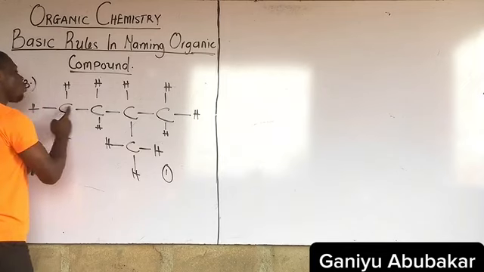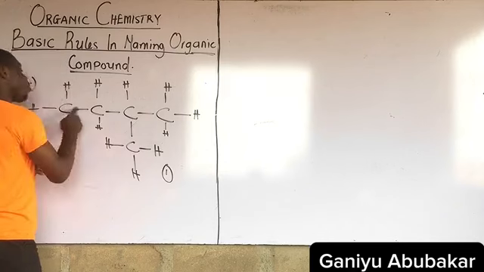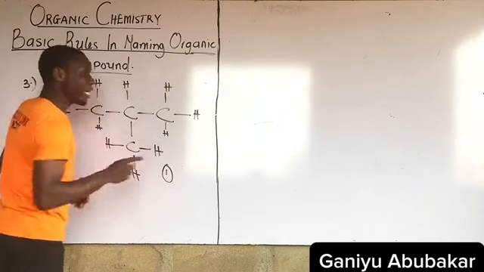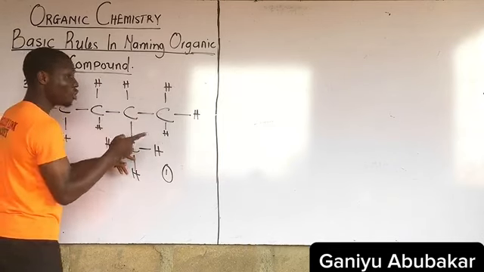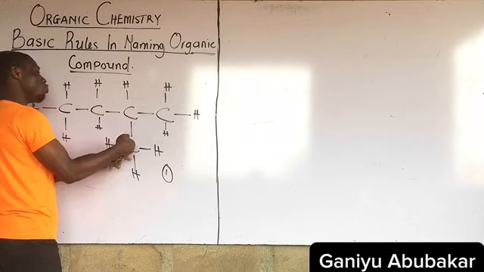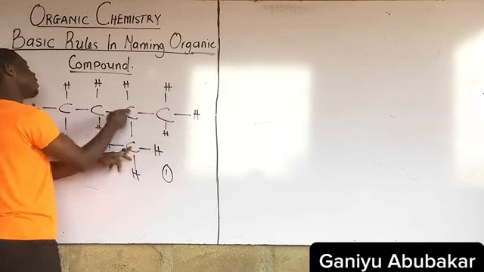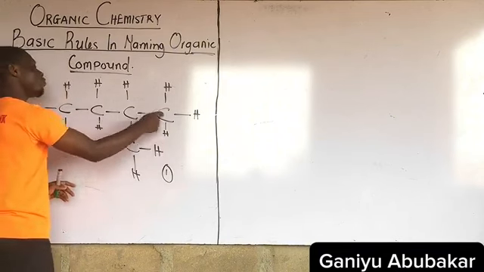For this one, I have 1, 2, 3, 4. Do not count like this, 1, 2, 3, 4, 5. This is wrong. There is no linkage between this carbon and this carbon, so I can't count 1, 2, 3, 4, 5.